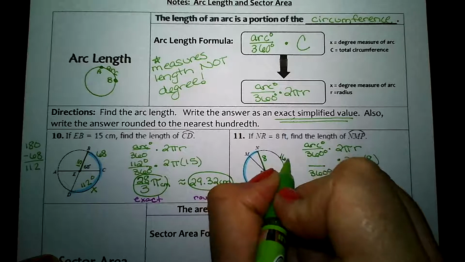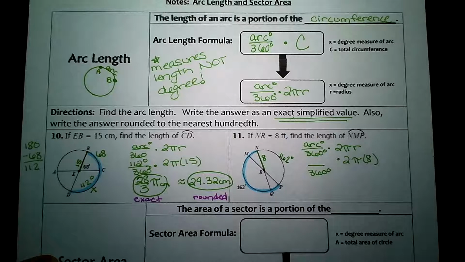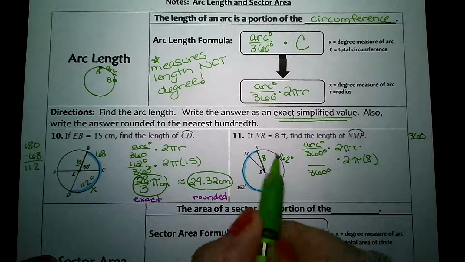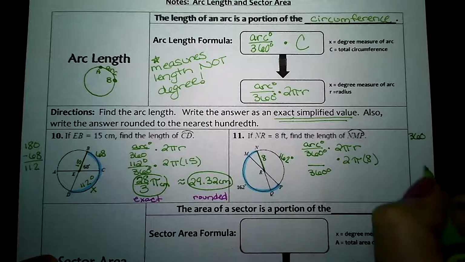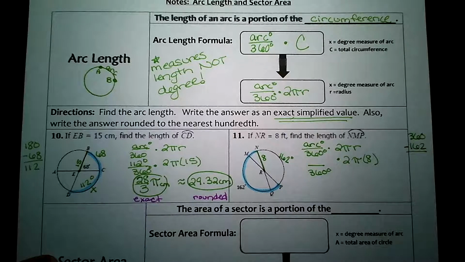That's vertical angles. I know that the circle all the way around adds up to 360 degrees. So 360 degrees, take off this non-highlighted piece of 162, is going to leave me the highlighted part.